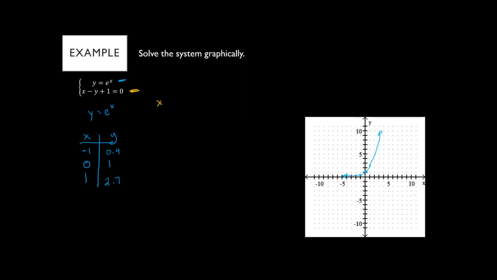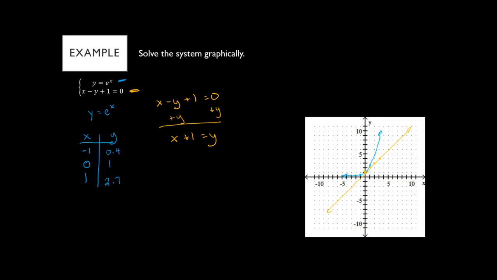And then this x minus y plus 1 equals 0, I could just put this in slope-intercept form by adding y to both sides. And we get x plus 1 equals y. So the slope is 1 and the y-intercept is 1. So that's my y-intercept. And then the slope means it goes up 1 over 1. So I can use that slope to get enough points that I can plot my line here, and do my best to actually go through that.